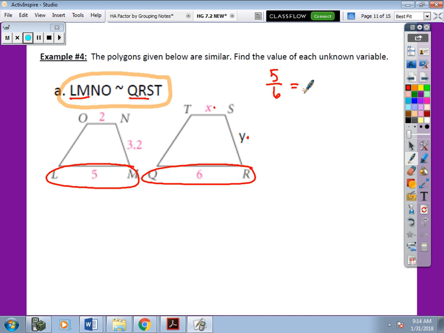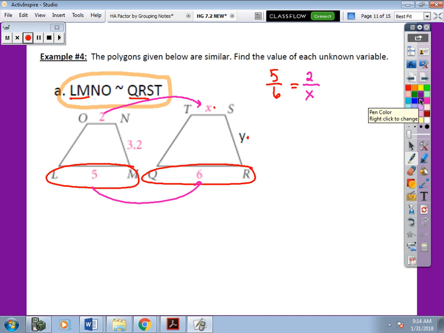equals, and then it's up to you whether you want to do x or y first. You're going to have to do 2 separate proportions. So we did first shape over second shape, so I'll do first shape over second shape. This would be 2 over x.